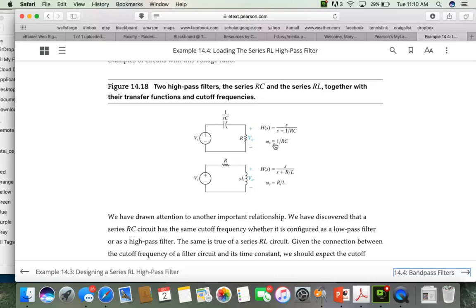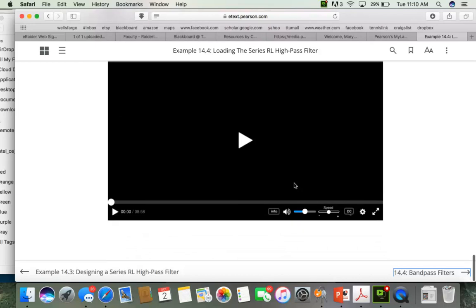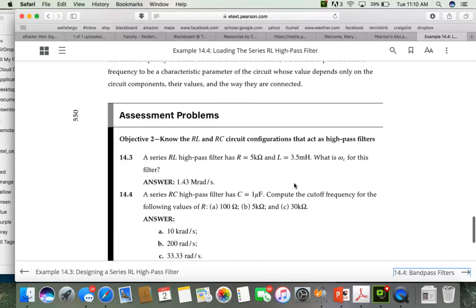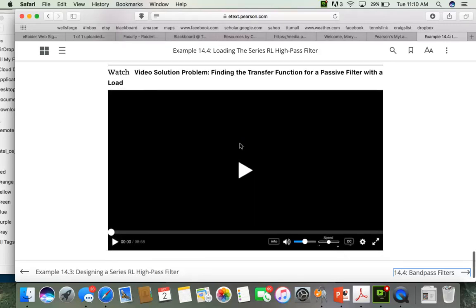The cutoff frequency is 1 over RC for the capacitive circuit, and it's R over L for the inductive circuit. So just like the low pass filter, in the high pass filter we can get some generalities.